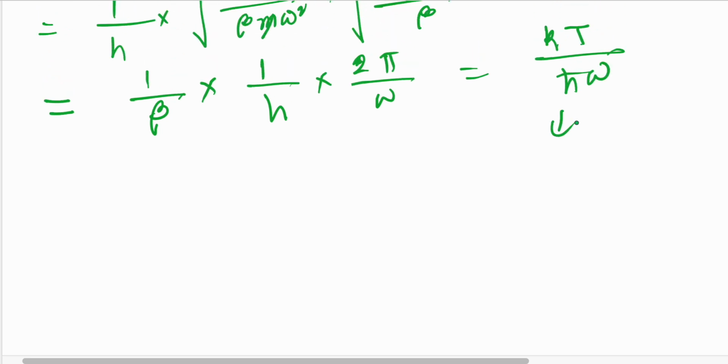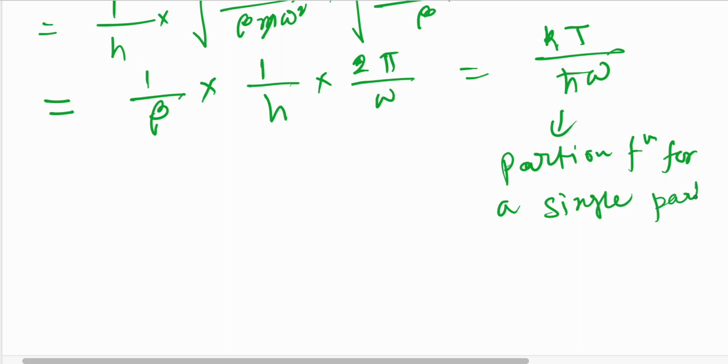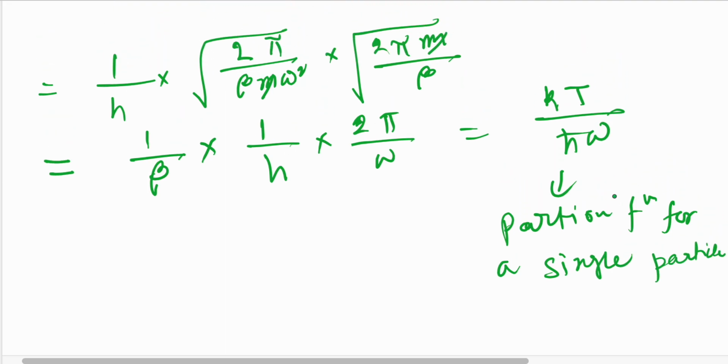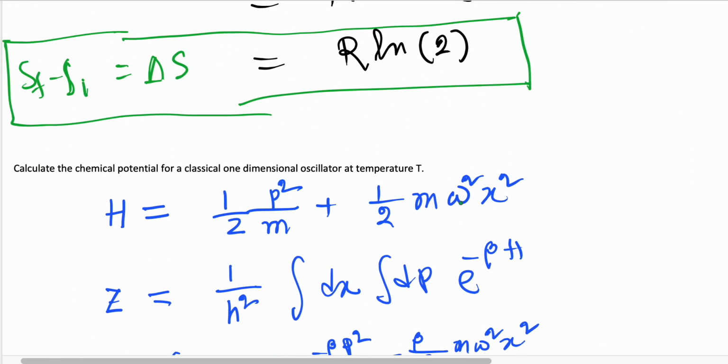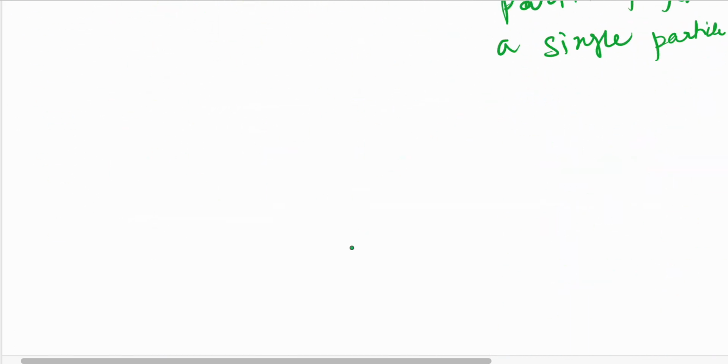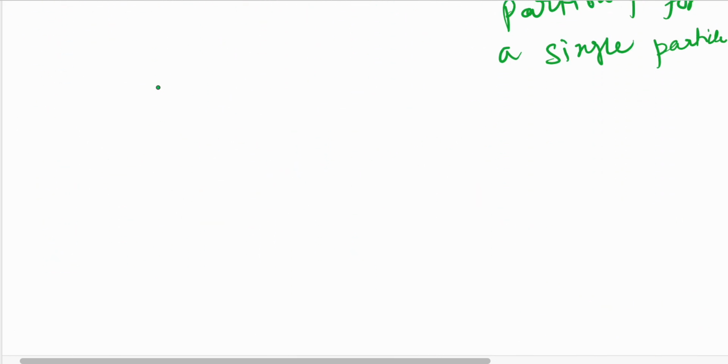Now suppose that in the system there are capital N number of particles. What will be the partition function?